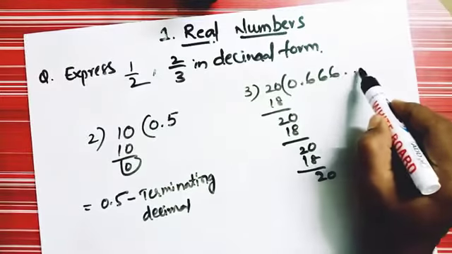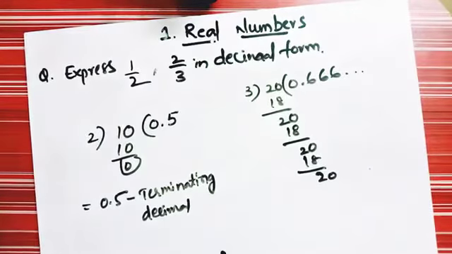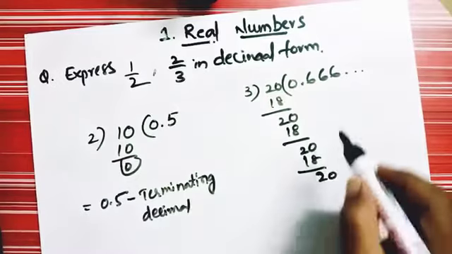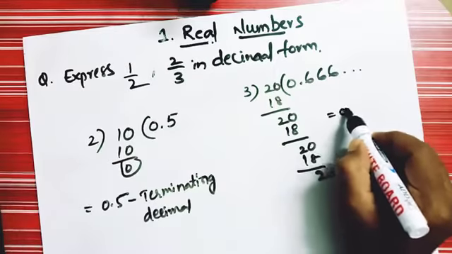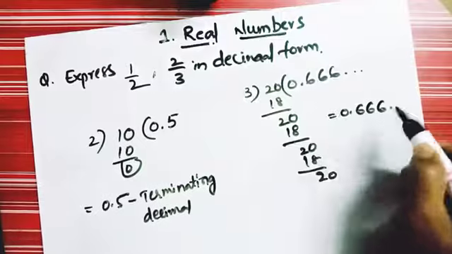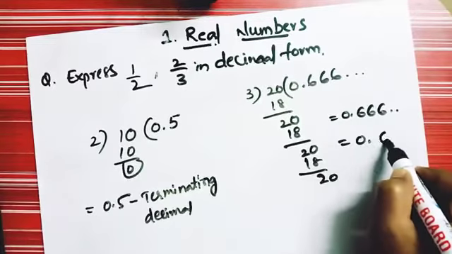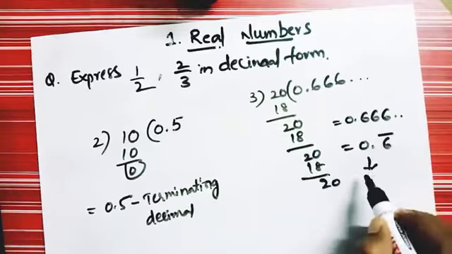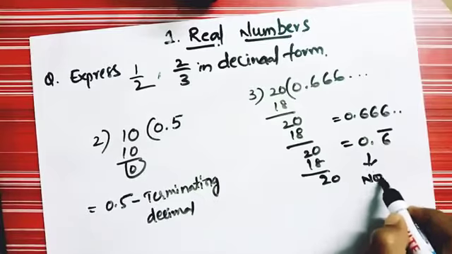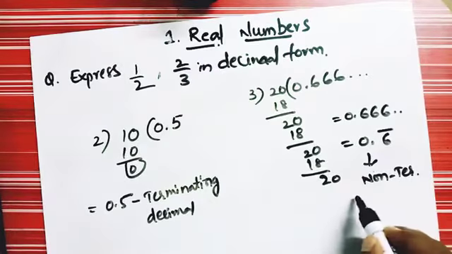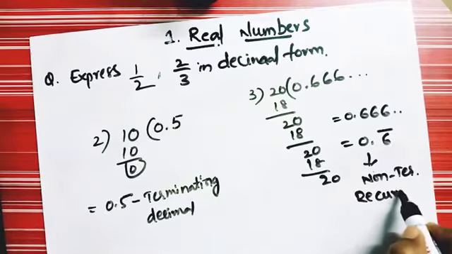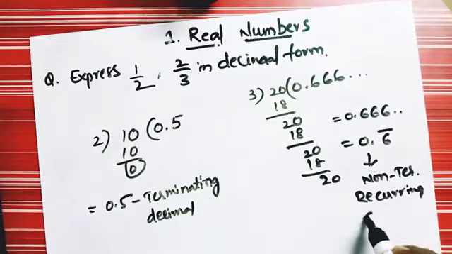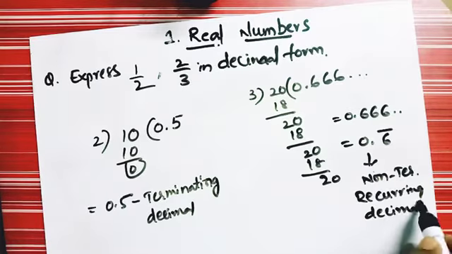So 6 will be repeated continuously in this quotient part. So this answer we can write as 0.666, which we write as 0.6 bar. This is called a non-terminating recurring decimal.